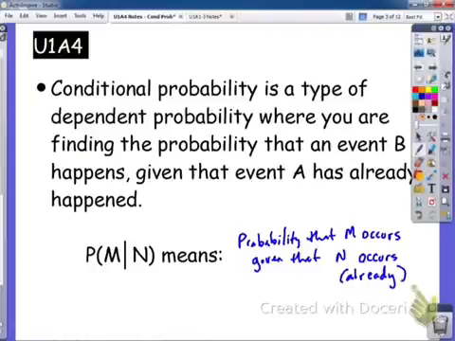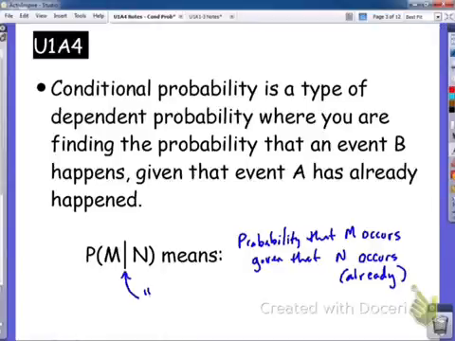Okay, so this little symbol right here, the bar, whenever you see it, you will say the words given that. A synonym for the phrase given that would be assuming that.